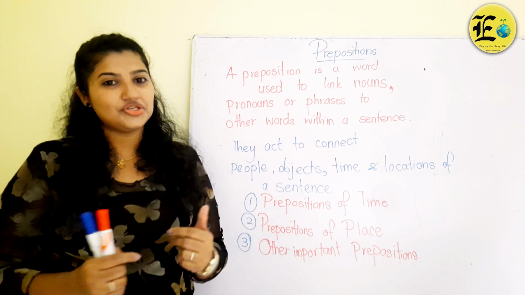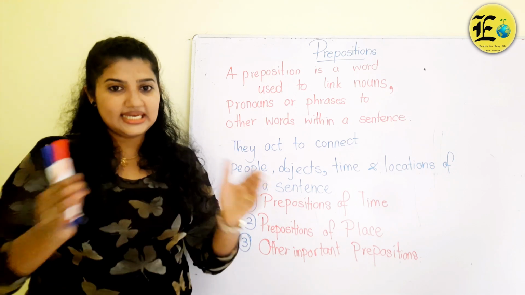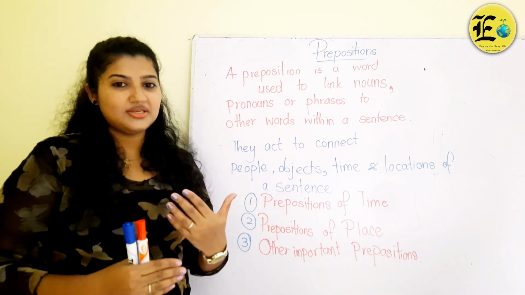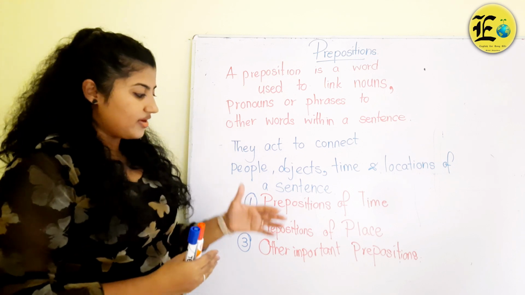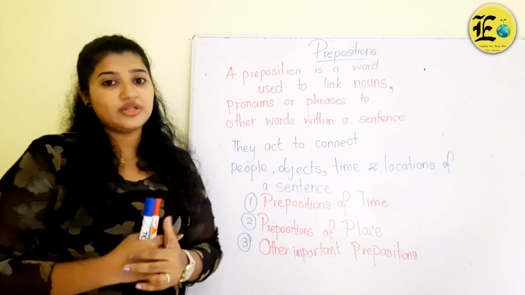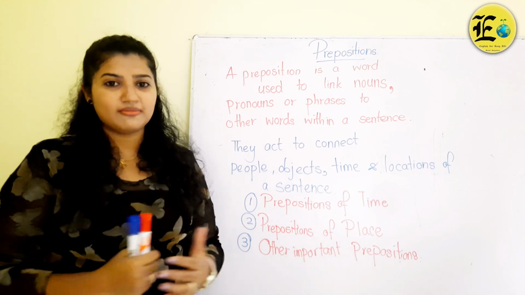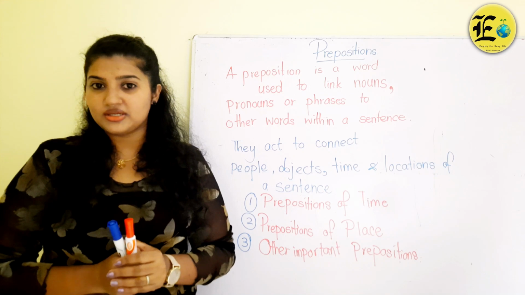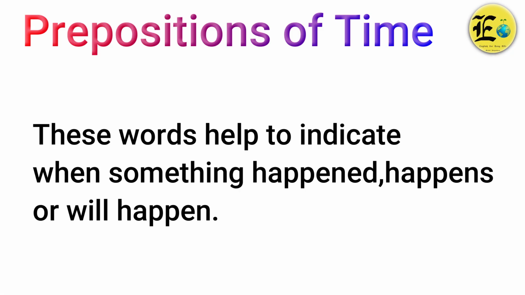So in our discussion today, we will be giving a detailed introduction and an analysis of how these prepositions are used under time and place, and also we'll be discussing some other important prepositions which are very important for our daily usage. Our first discussion will be based on prepositions of time.